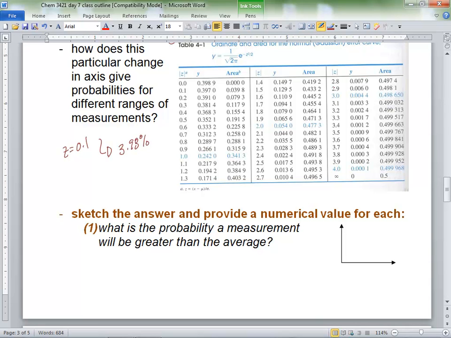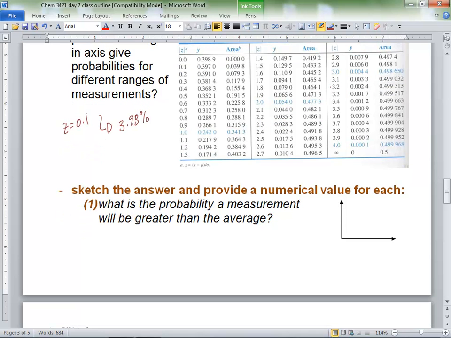Okay. What is the probability a measurement will be greater than the average? It's going to be a lot easier if you just sketch these first. So, sketch the distribution. Where is the average? Right in the middle, right? And you can even add more detail there, z equals 0. But greater than the average, what side do I shade?